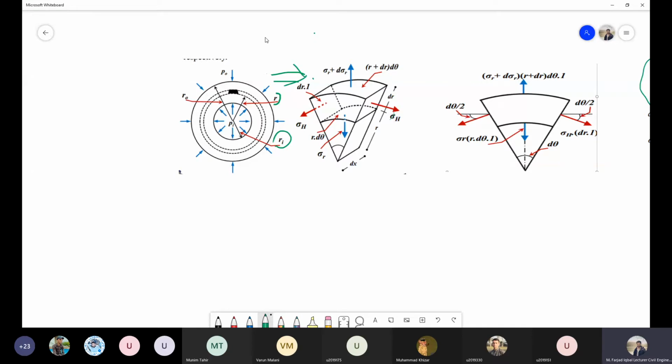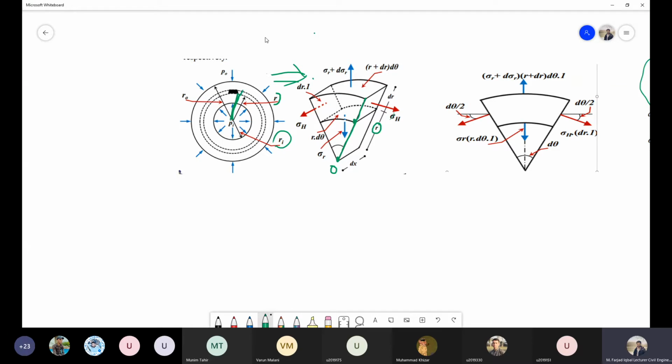And just to represent that, this distance which I have shown with a green line is equal to the radius of the cylindrical element. The same distance is shown over here from the center. Let's suppose this is the center of the circle, and from the center to the bottom surface the distance is this r, and from this bottom surface up to this top surface is this particular distance.